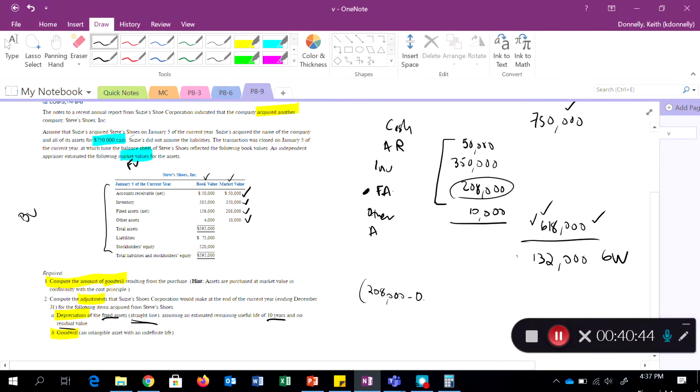So 0 residual value times 1 over 10 is going to give you 20,800. So debit depreciation expense, credit AD, accumulated depreciation, 20.8.